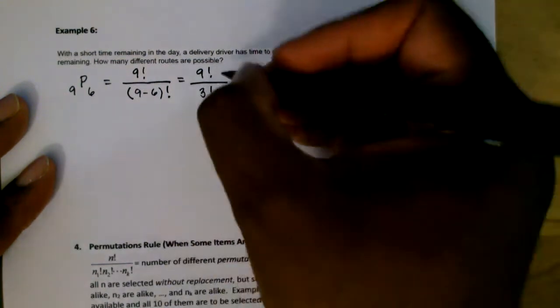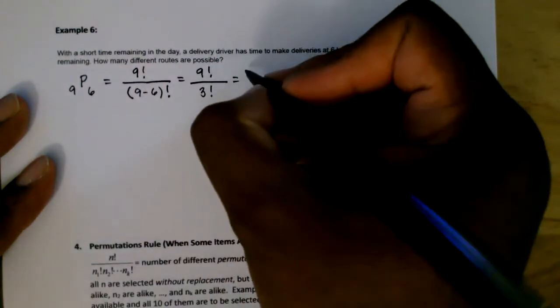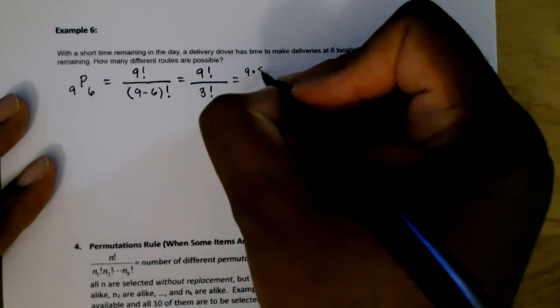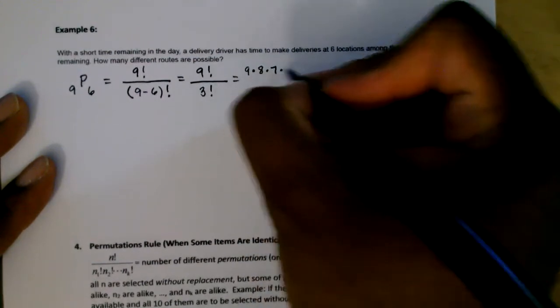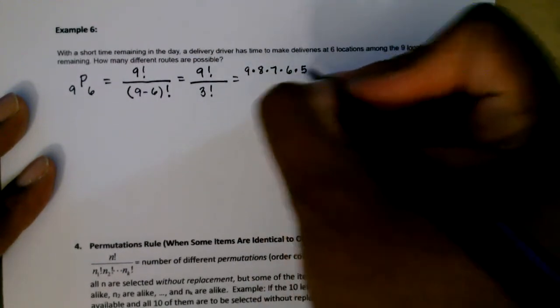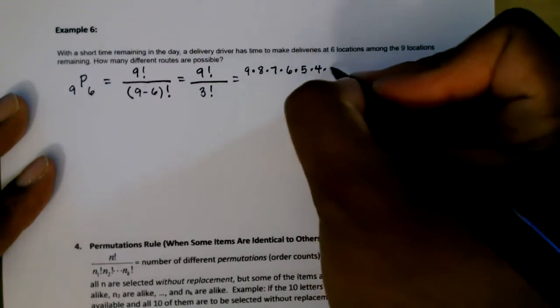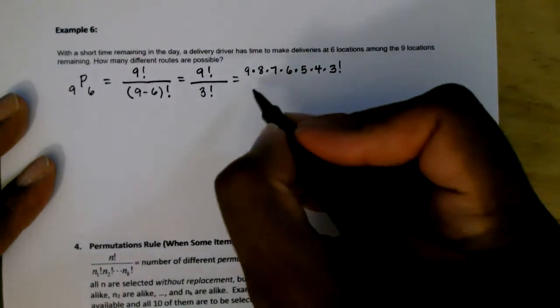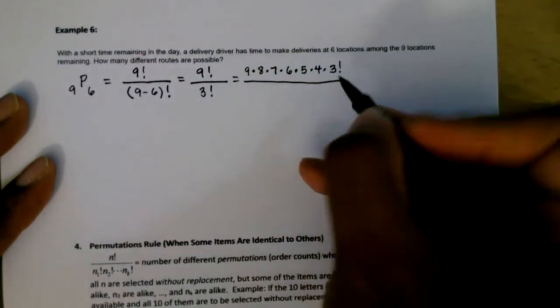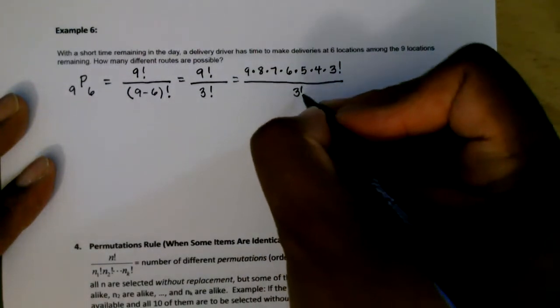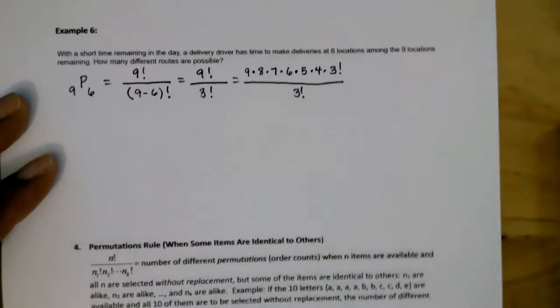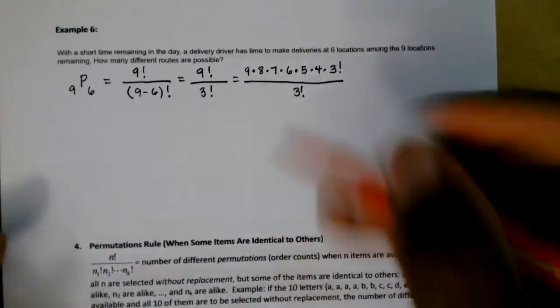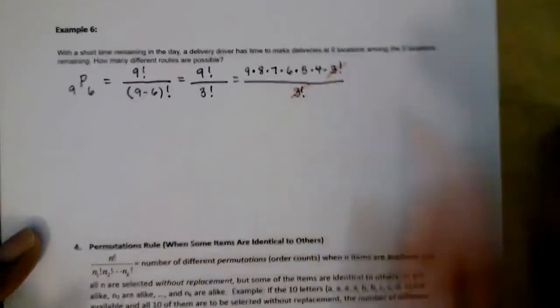Now, if I was to write this out completely, then 9 factorial will be 9 times 8 times 7 times 6 times 5 times 4 times 3 factorial. I stop at 3 factorial because the denominator is 3 factorial. And notice that these 3 factorials divide out.